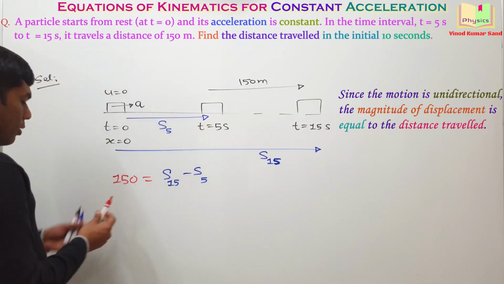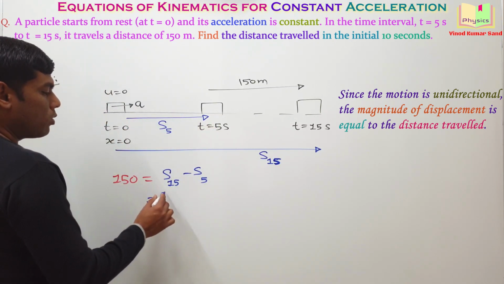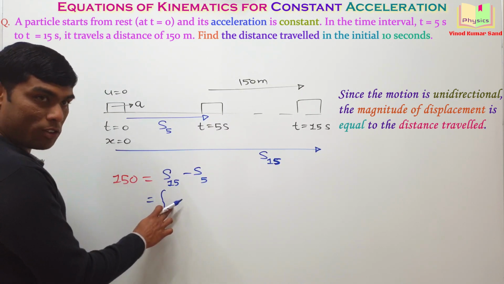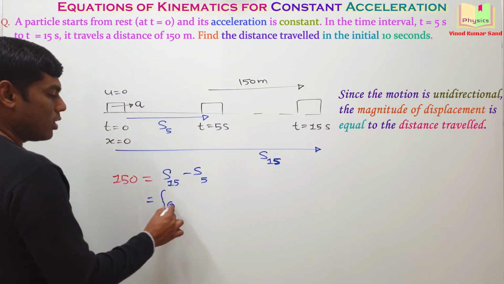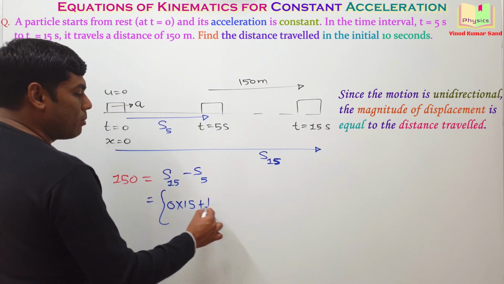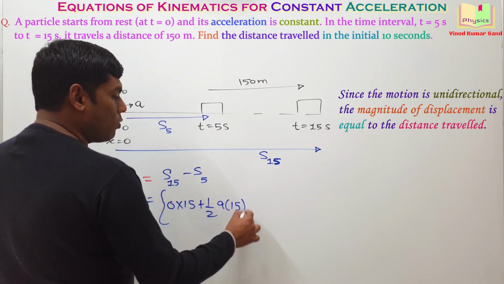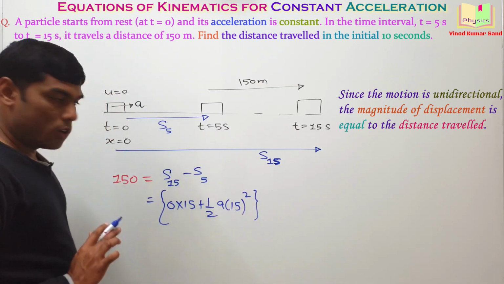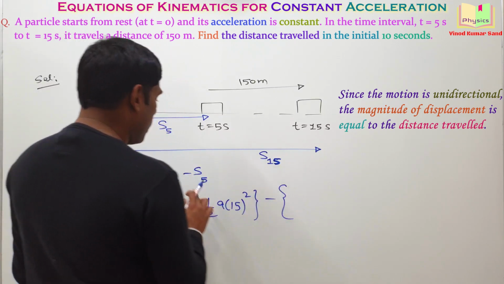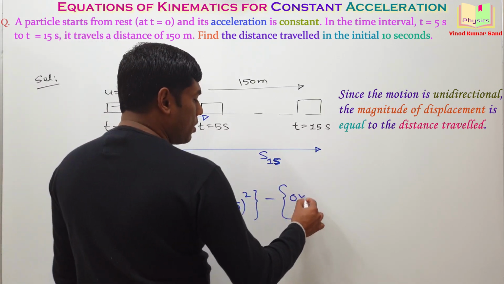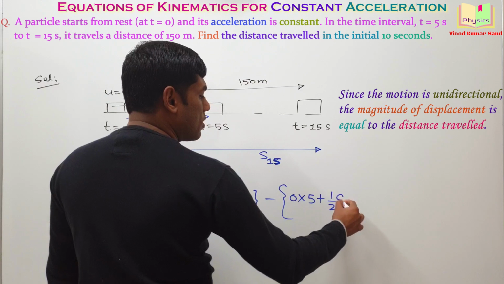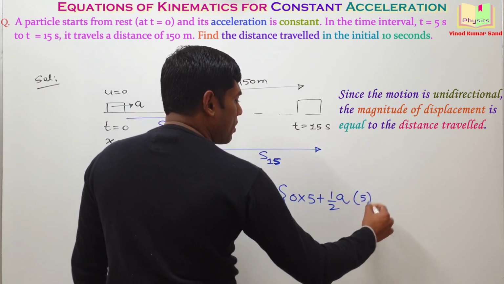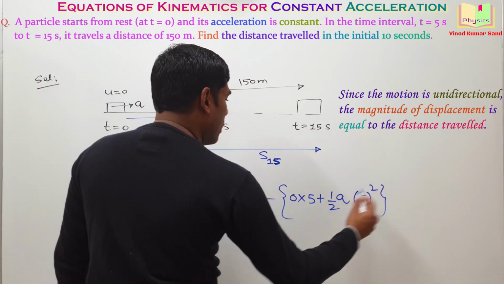So I am putting up the values. S15 will be equal to what? ut plus half at square. u is 0, time is 15, plus half a into 15 square. Okay. S5 will have a similar format. u is 0, time is 5, acceleration is a, multiplied with 5 square.